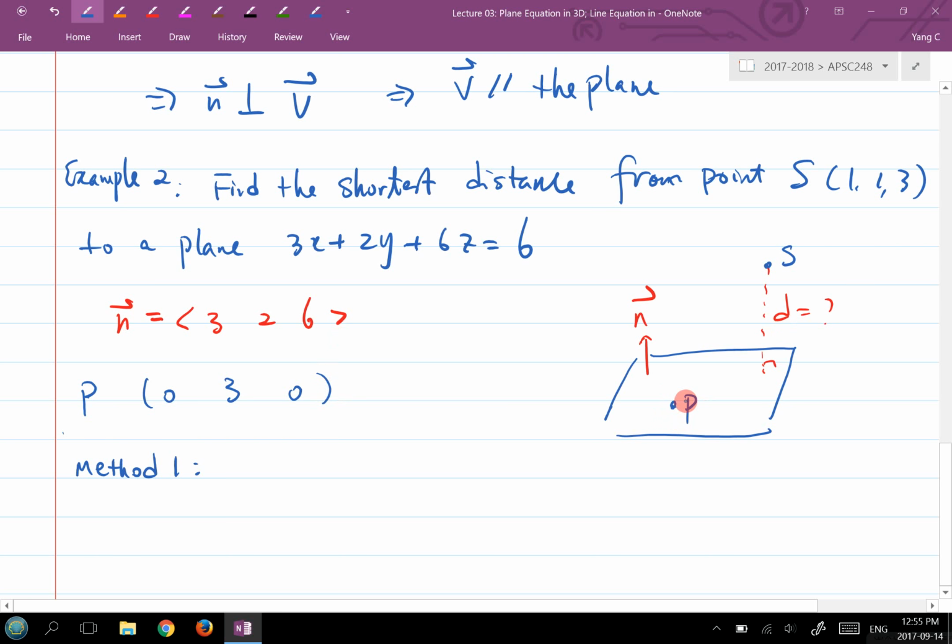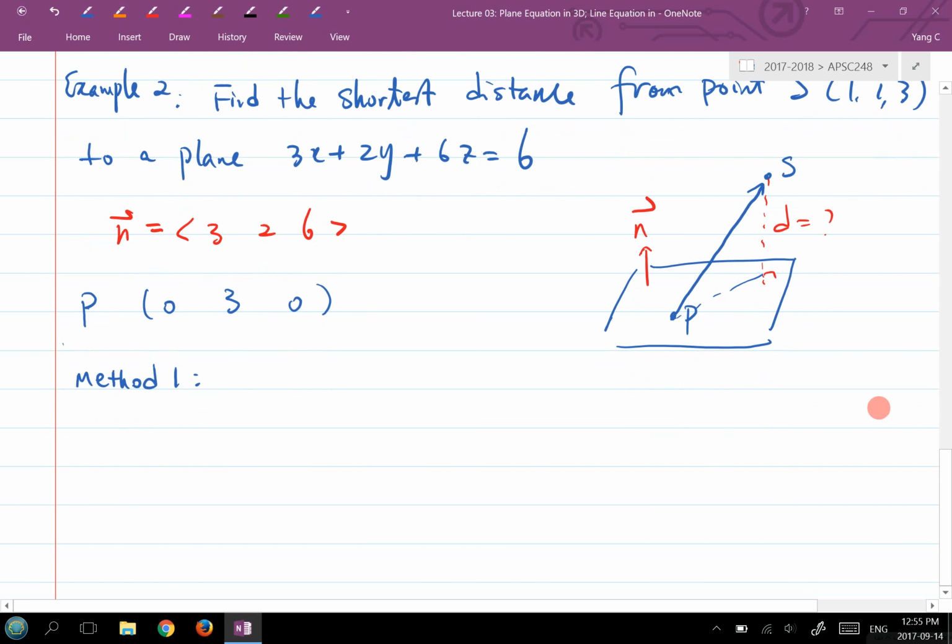So this is exactly what you can make use of. If you connect P and S, this is the vector PS, and this is a normal vector n here. So the D here is basically the projection of PS in the perpendicular direction. That makes sense? Now everything is so simple.